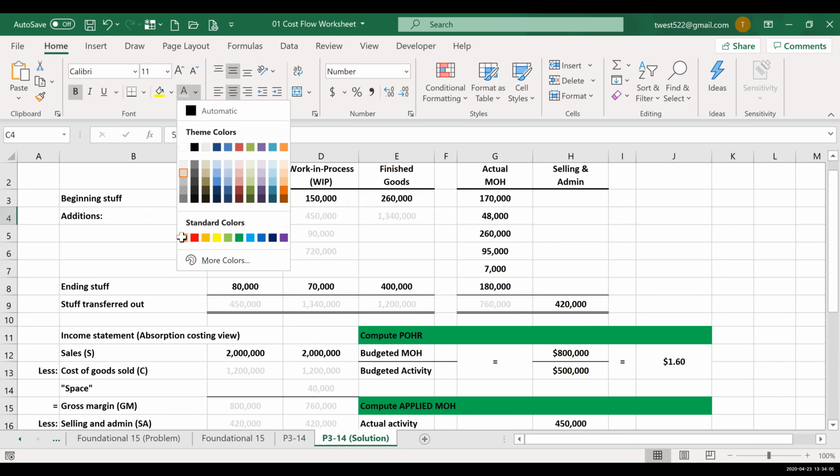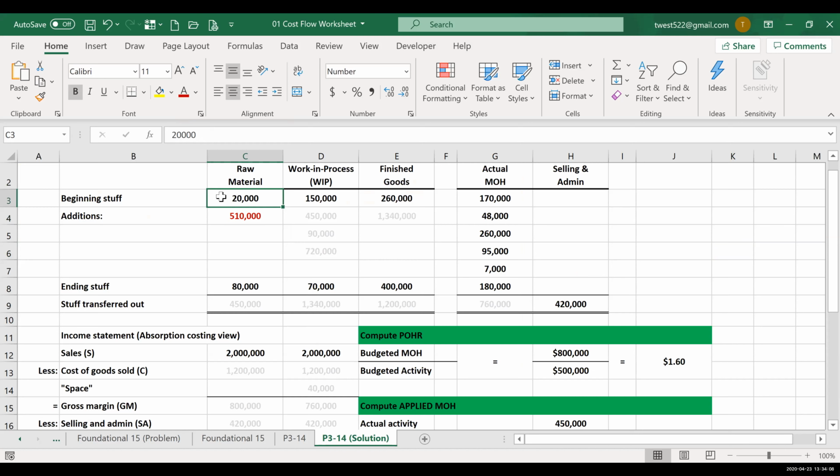So remember, it's what you start with plus what you acquire, and in raw materials you acquire by purchasing them. Another way to think about this is acquire, if you can spell it right. Okay.